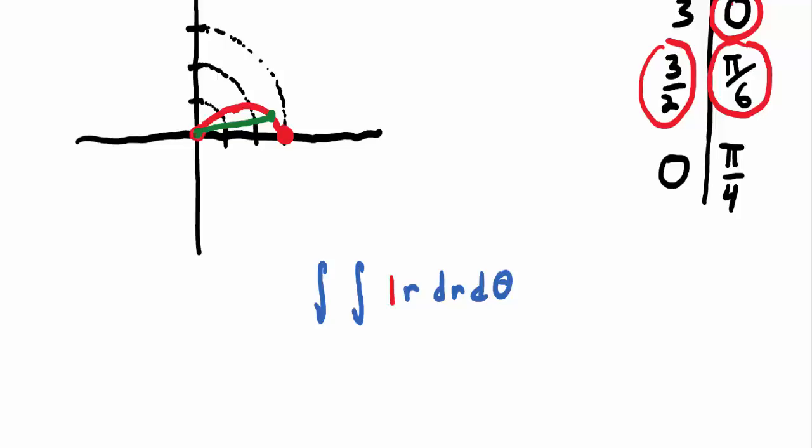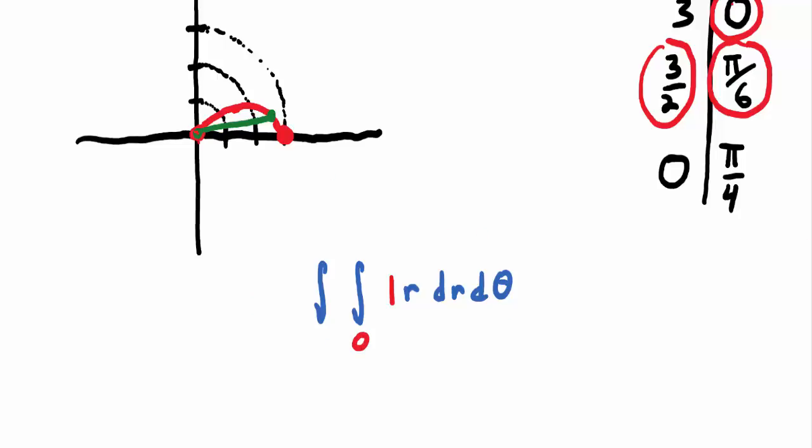So r, look at this representative sector in green. It's really just a spoke, a line segment radiating out from the origin. What's the initial value of r on this line segment in green? 0. That's your lower limit. What's the final value of r as you go all the way across?